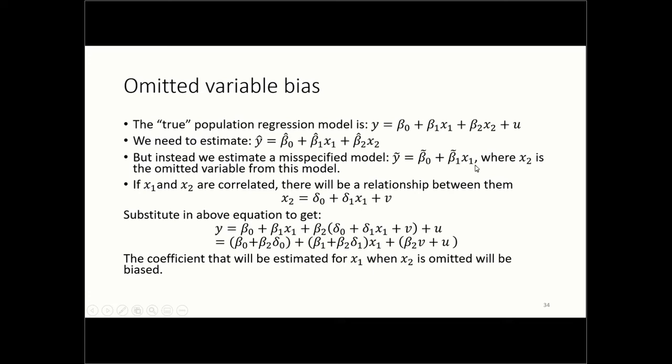That's a problem, because if x1 and x2 are correlated, there will be a relationship between them. So x2 would be related to x1 via this regression. These are new parameters here, delta 0 and delta 1, and that's our new error term.